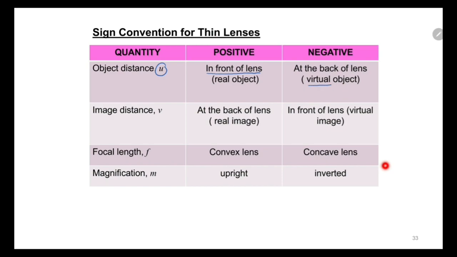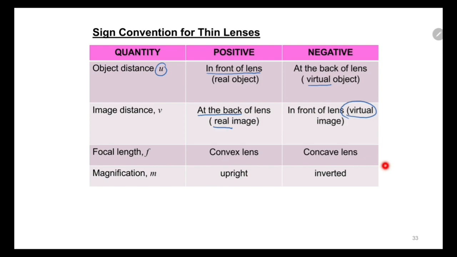For image distance, it is positive if it forms at the back of the lens, or at the opposite side from the object, and we call that image real. However, if it forms in front of the lens, the same side as the object, you put a negative sign at v and the image is virtual.